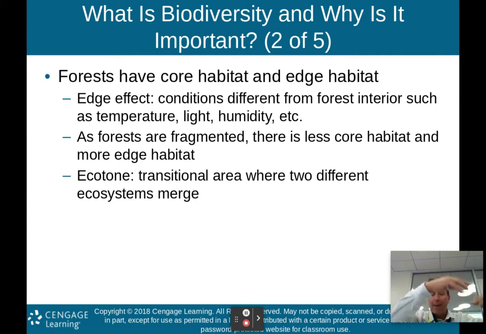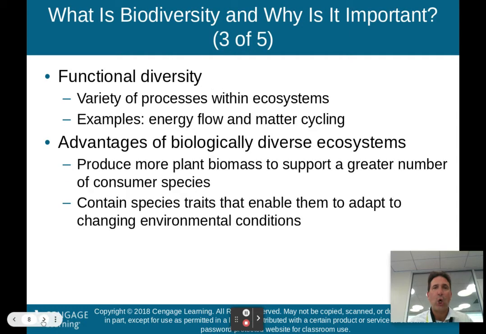And now you have more edge habitat and less core habitat. And of course, that's going to unfortunately change the biodiversity in your forest, because the species that can live in the middle of the forest are now having some problems, because the middle of the forest, when it gets cut in half, becomes the edge of the forest, et cetera, et cetera. An ecotone is just a transitional area where two different ecosystems merge.